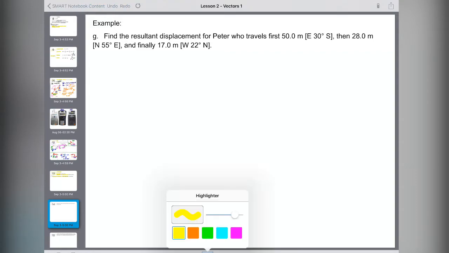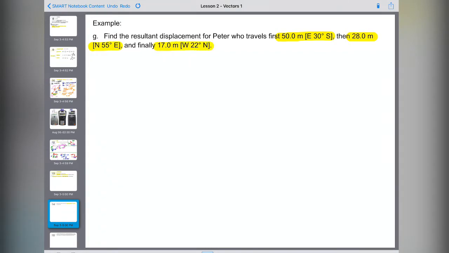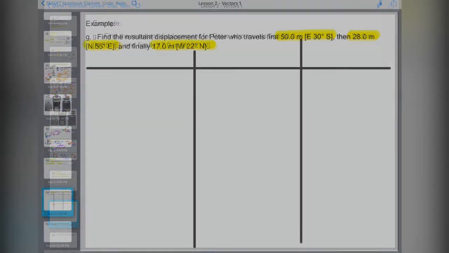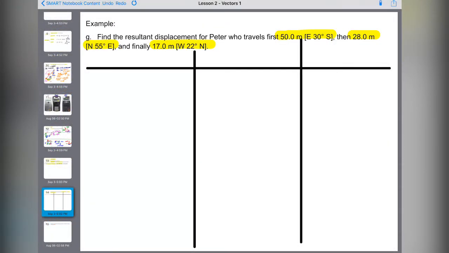All right, so let's go through an example. Find the resultant displacement for Peter, who traveled first 50 meters east 30 south, 28 meters north 55 east, and 17 meters west 20 degrees. I usually like to create a chart, and I would label the two axes: going along y, the north and south axes, and going east and west, the x direction.